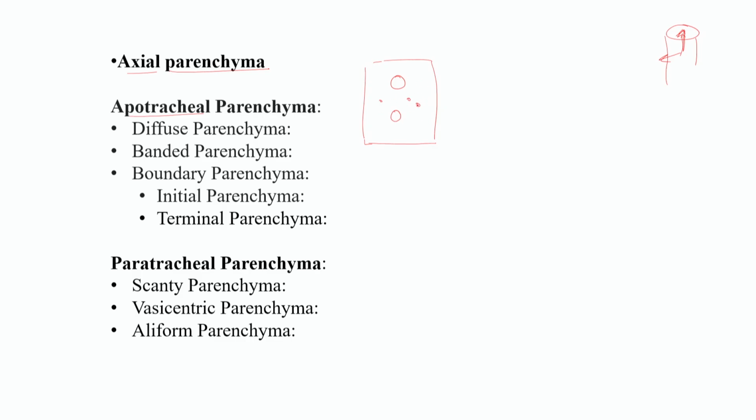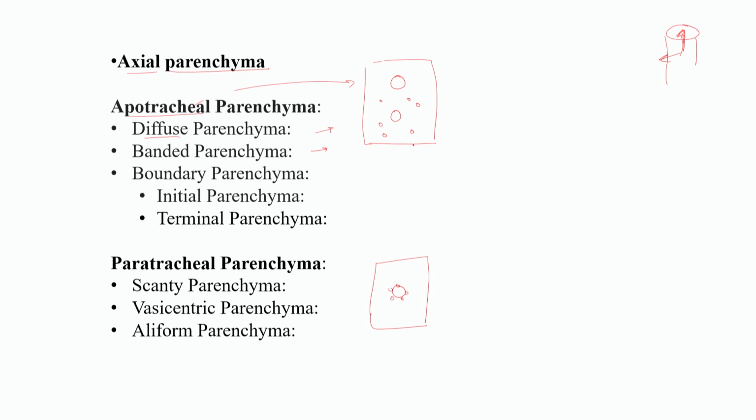These parenchyma are not associated with vessels, so they are known as apotracheal parenchyma, whereas in paratracheal parenchyma, you will see that these parenchyma are attached with vessels. Now, it could be diffuse parenchyma, if these cells appear as single cells distributed throughout the growth ring.